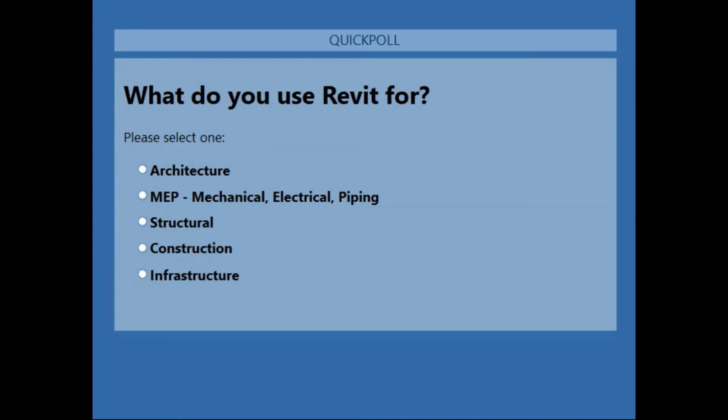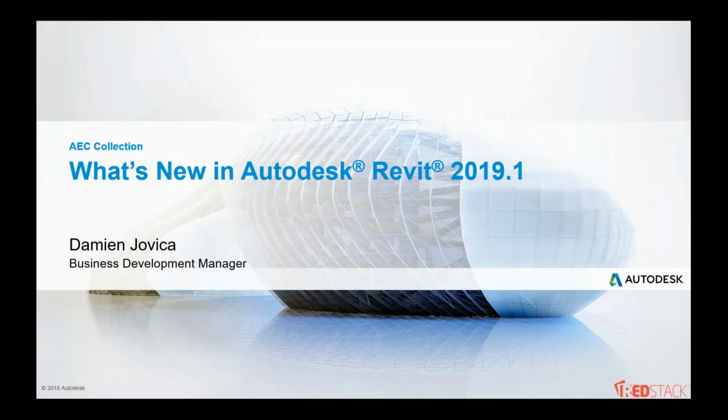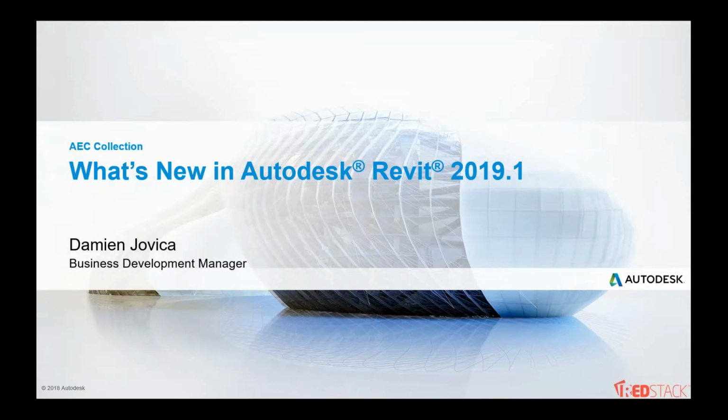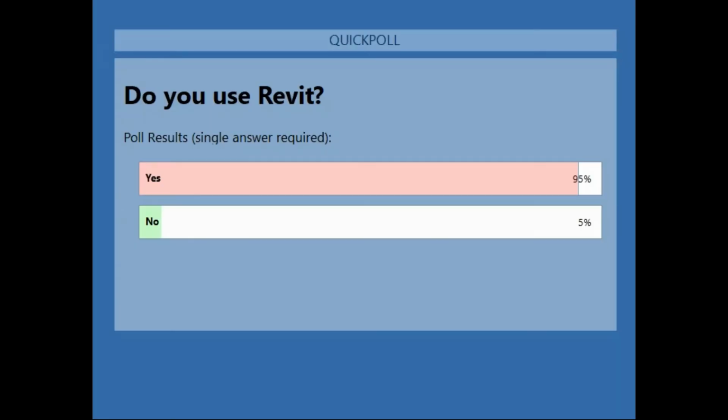So in terms of the voting, of the 82% that have voted, 57% of you are architecture, 8% is MEP, 19% structural, 11% are in construction, and 5% in infrastructure. So that was that. We can share that result. And that was the result for Revit users.